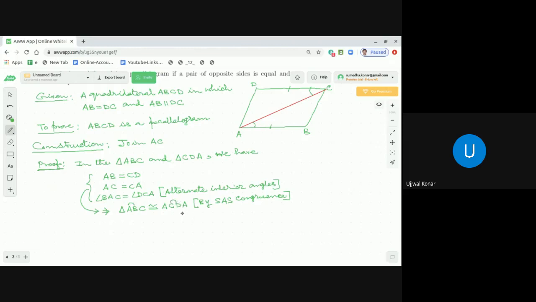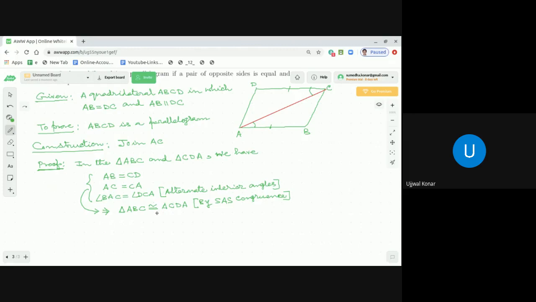When we write AC is equal to CA, AC is the sequence in the left hand triangle and CA is the sequence in the right hand triangle. I explain these things in detail when we discuss the congruence of two triangles, the lectures of which are available in the online test platform as well as on YouTube. You can look into it, but look into this sequence. That sequence is very important, and that is why I wrote there AC is equal to CA, dear students.